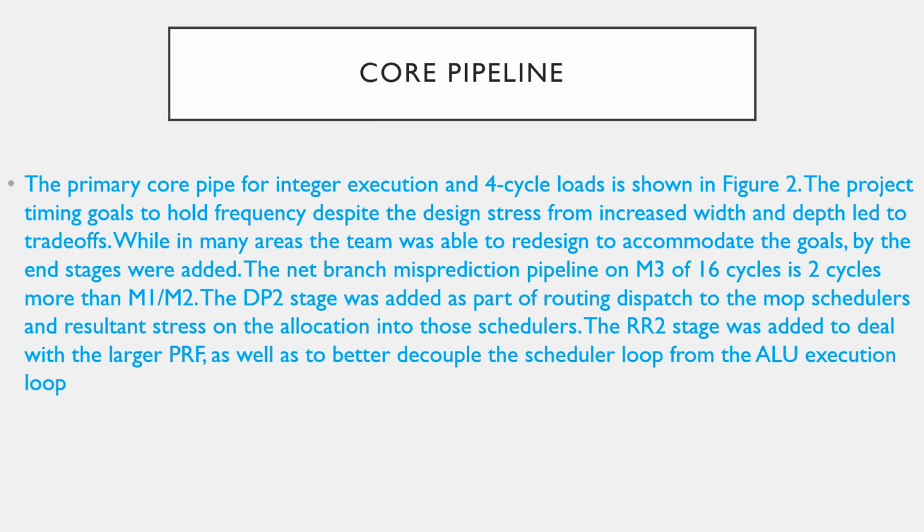The DP2 stage was added as part of routing dispatch to the MOP schedulers and the resultant stress on the allocation into those schedulers. The RR2 stage was added to deal with the larger PRF as well as to better decouple the scheduler loop from the ALU execution loop.